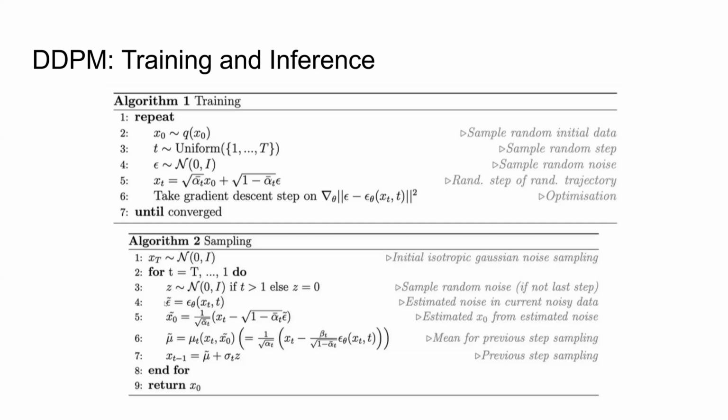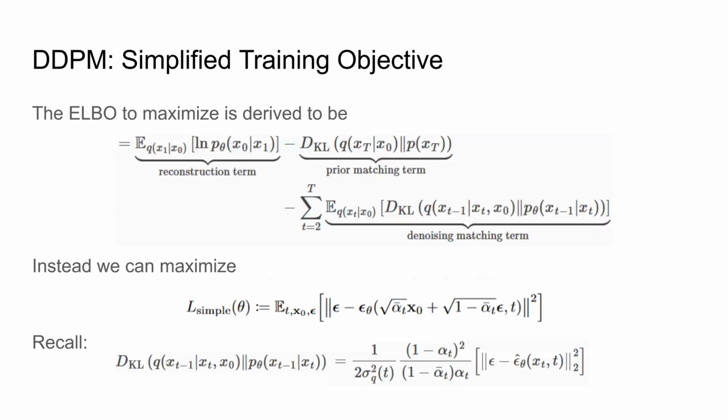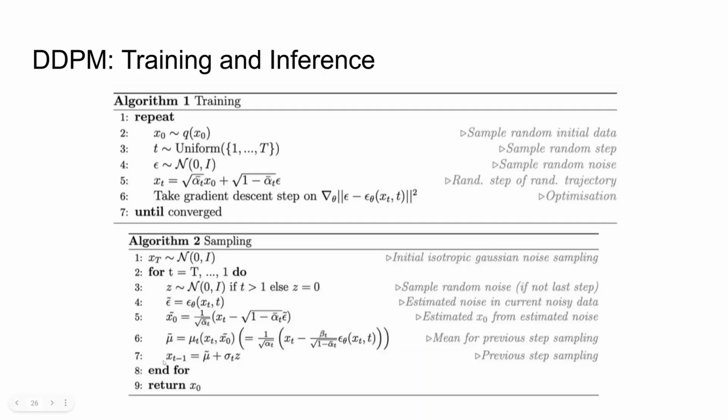We let our model predict the noise to be added, and then we use the property to approximate the input data at each time, and we use this equation here to approximate the mean of the previous distribution, and then we use a reparameterization trick to get the previous sample. So this is basically the core of DDPM. When you're writing code, you should basically write the training and sampling process with respect to the pseudocode.